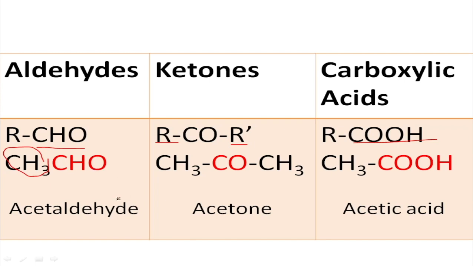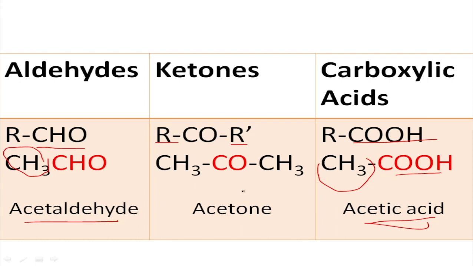This acetaldehyde can be derived from acetic acid, the carboxylic acid, so all the names are derived from the corresponding compounds. The simplest carboxylic acid with R as CH3, methyl COOH, is named acetic acid. Acetic acid is CH3COOH, and I can say CH3CHO is acetaldehyde.